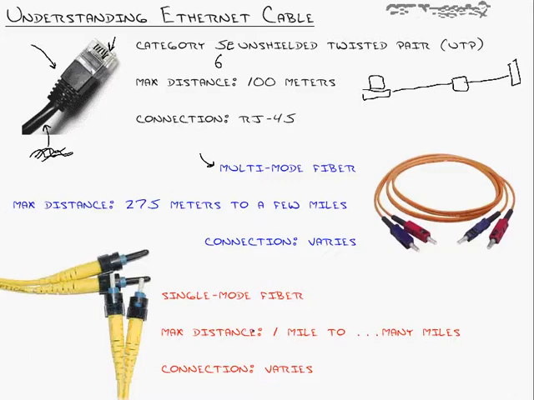Now the connection type is where it comes in. The connection really is based on what kind of equipment you have. It also takes much more expensive connectors for single mode fiber in order to connect. And you can see on both multi-mode and single mode, the connection type varies.